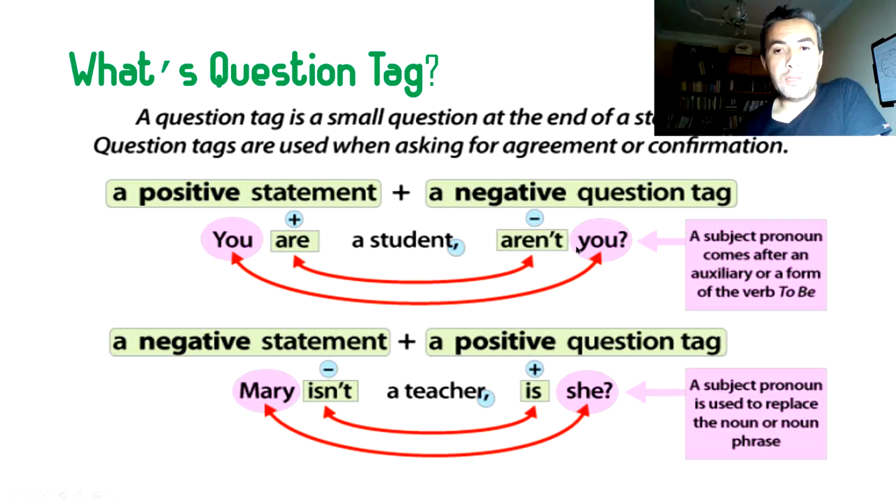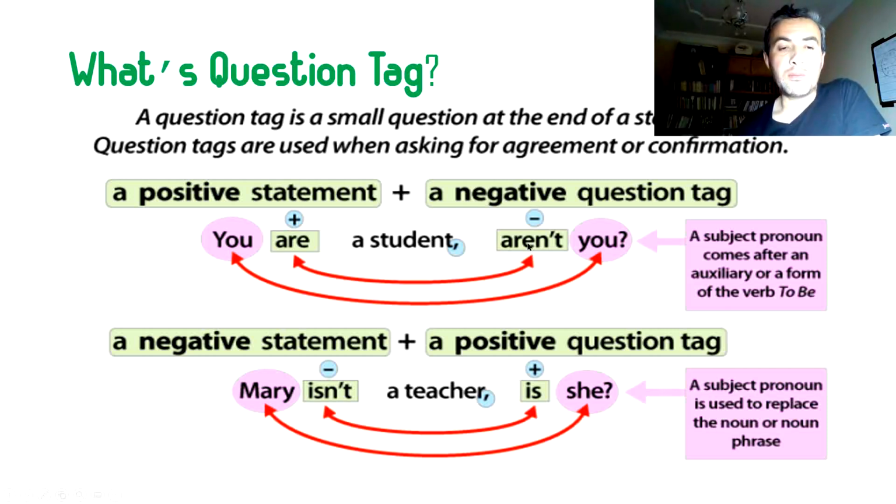As you notice here, we invert the subject and the auxiliary. We swap. We have the same subject, you, and the verb, the auxiliary verb to be. "Are" is positive; on the other side, we have "aren't," which is negative.